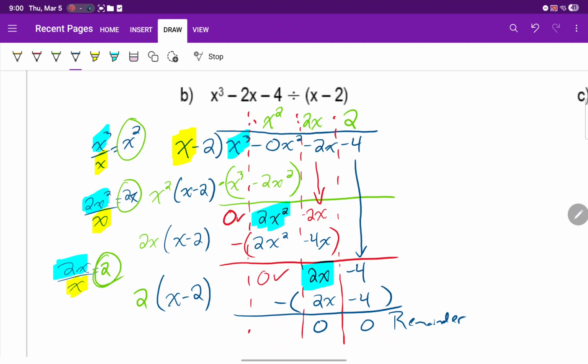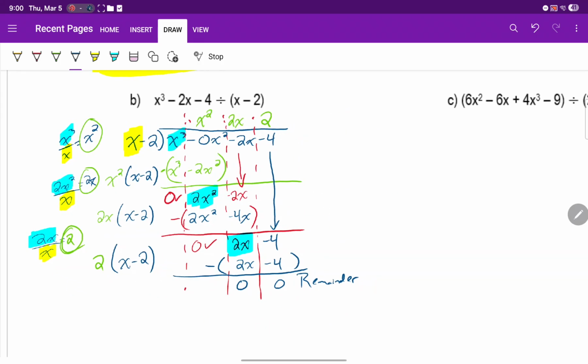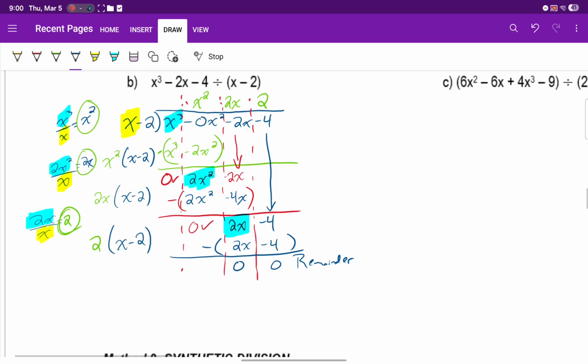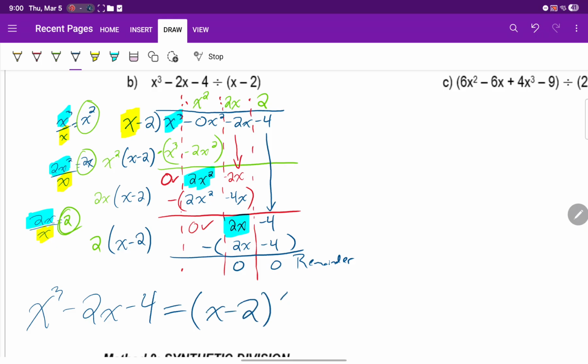We are done. So what this means is that x cubed minus 2x minus 4 is equal to x minus 2 times x squared plus 2x plus 2.